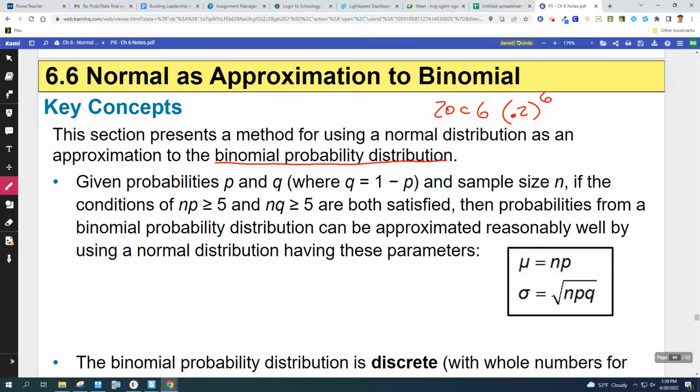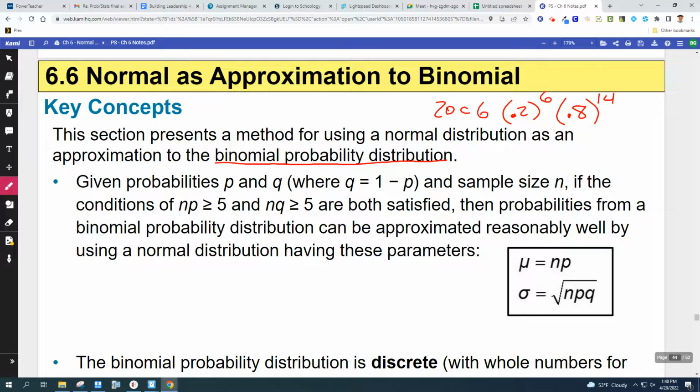So 6 of them had that probability, and then there would be 14 with the 80% probability. And we used that formula to calculate binomial probability distributions.